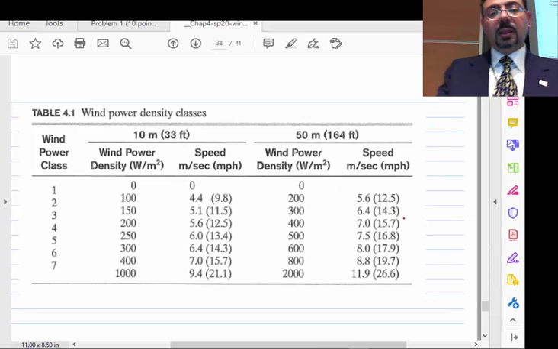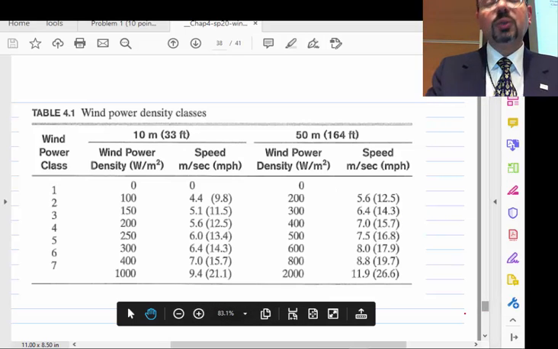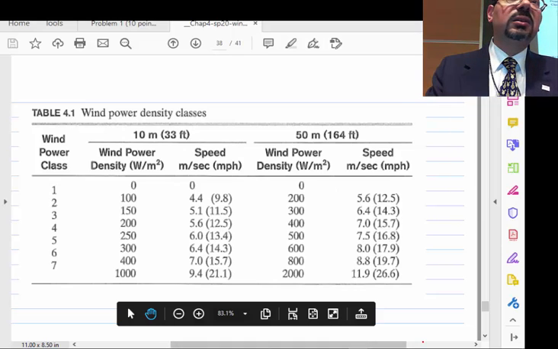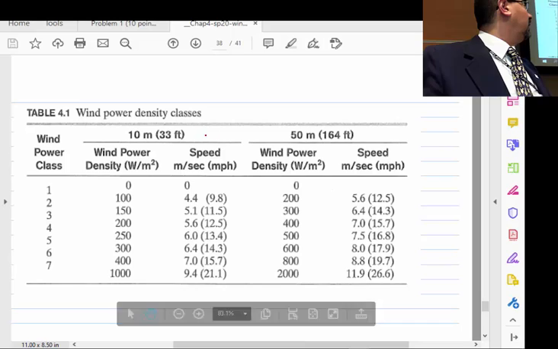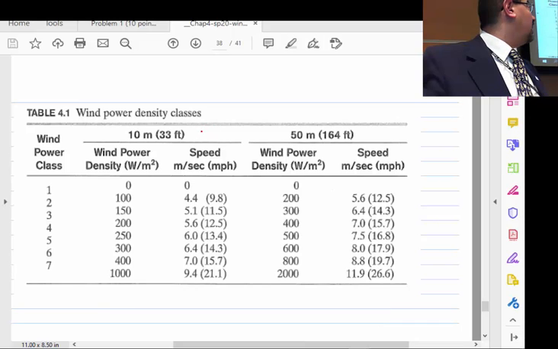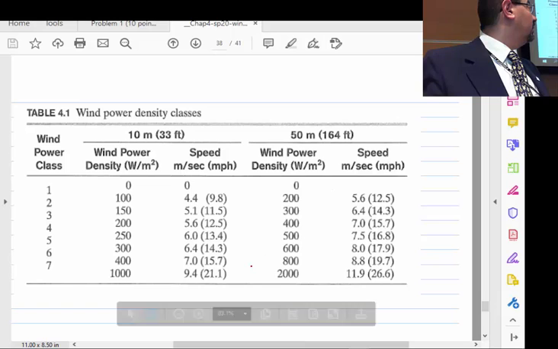Another reason why they are building turbines higher and higher, beside the economies of scale, is this table. This table is telling us that at a certain site the velocity could be 4 meters per second, but if you go 50 meters up, the velocity is 5.